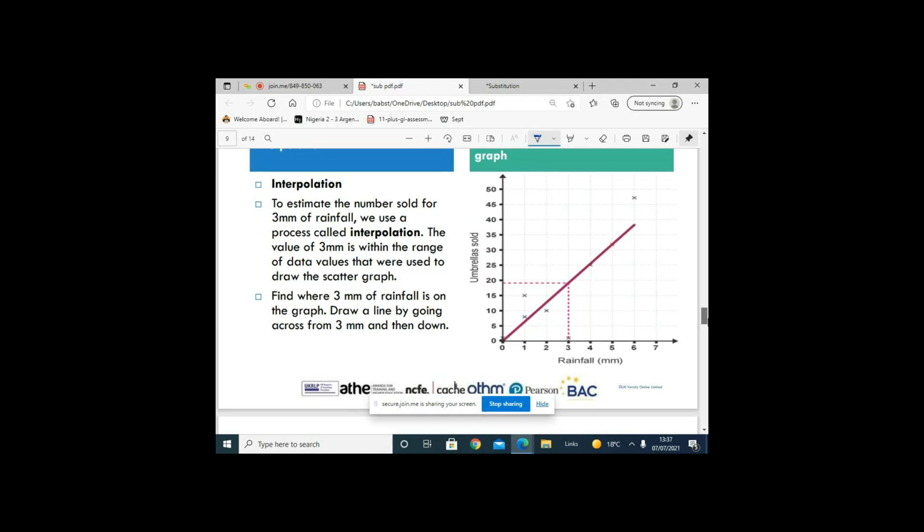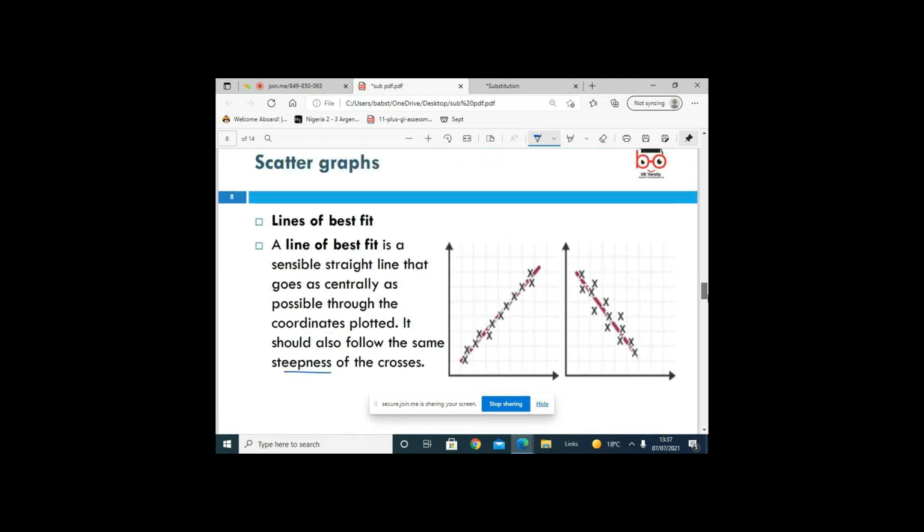Do you have to put the lowest and the highest in the straight line? No, just make sure you pass through centrally.